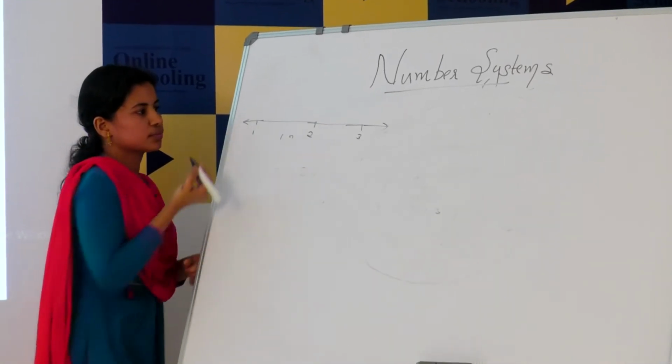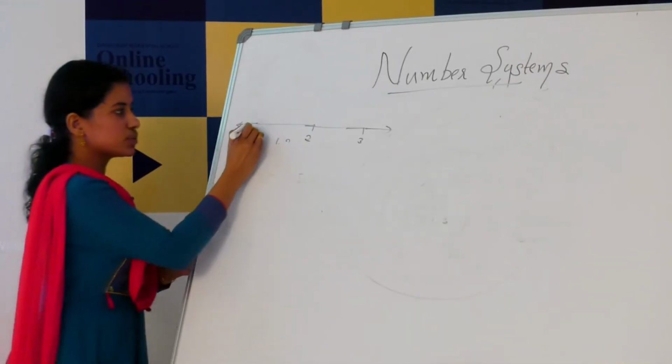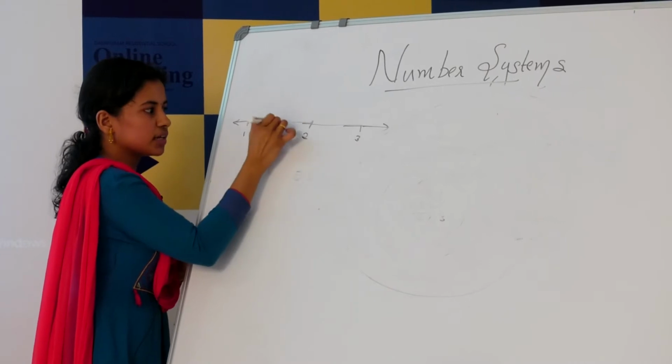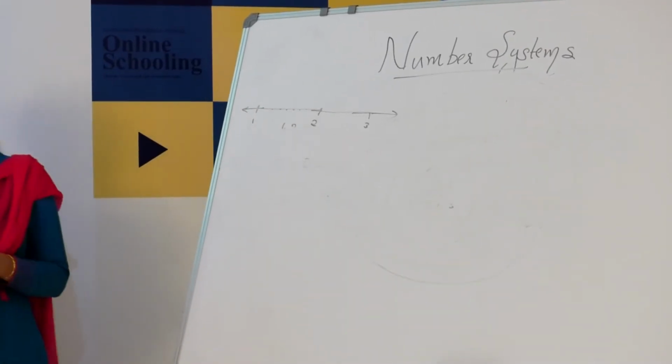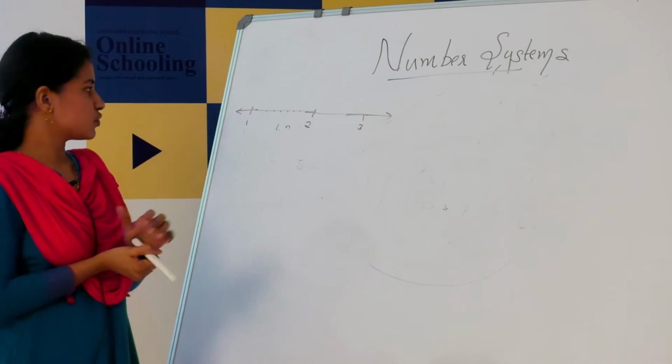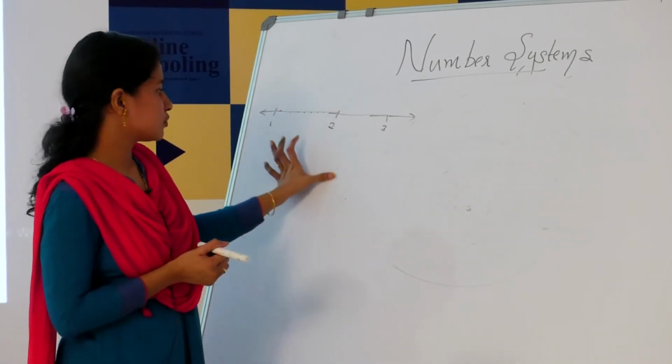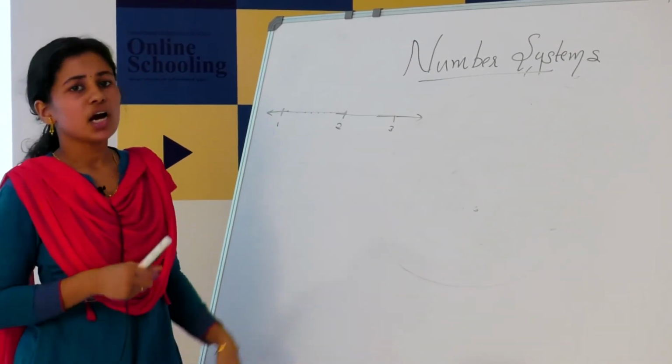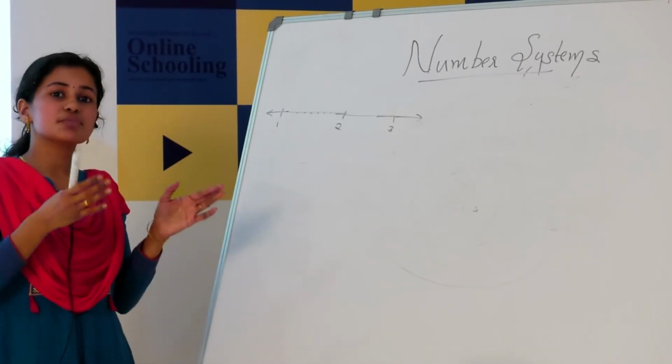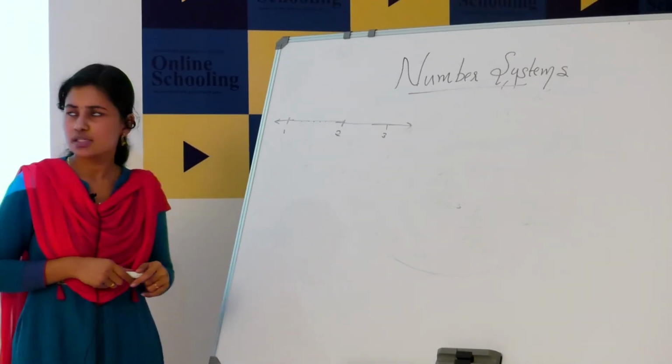In between 1 and 2 there are lots of rational numbers. In between 1 and 2 we get 1 by 2, 1 by 3, 1 by 4, 1 by 5, etc. How will we find the rational numbers between any two rational numbers?